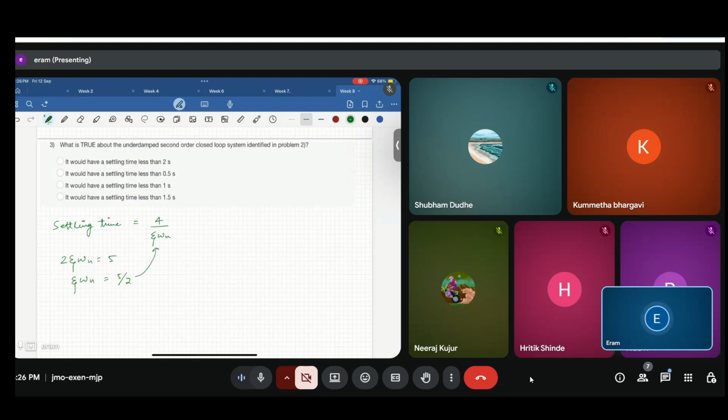What settling time will you get? This will be equal to 8 by 5, which is equal to 1.6 seconds. Which option is correct? You have a settling time of 1.6 seconds. First option.